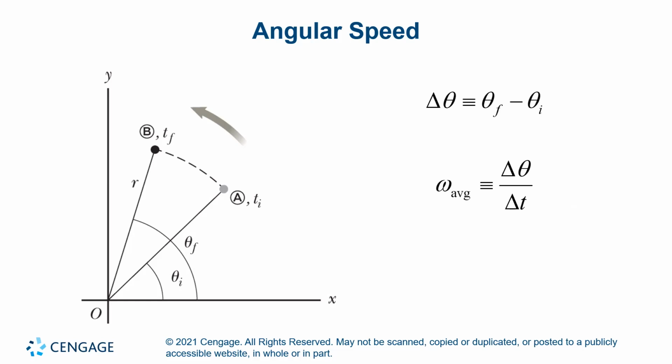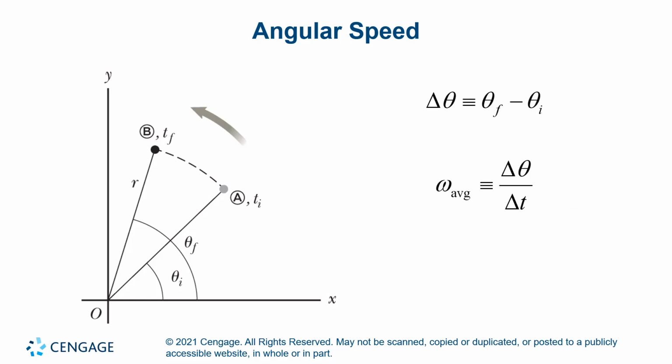So the rate of angular displacement can vary, right? If a rigid object spins rapidly, it can reach a certain angular displacement in a short time interval. But if a rigid object rotates slowly, the displacement is reached in a longer time interval. So average angular speed, omega avg, is the ratio of the angular displacement to the time interval delta t.